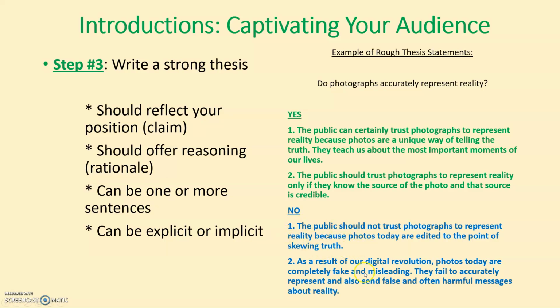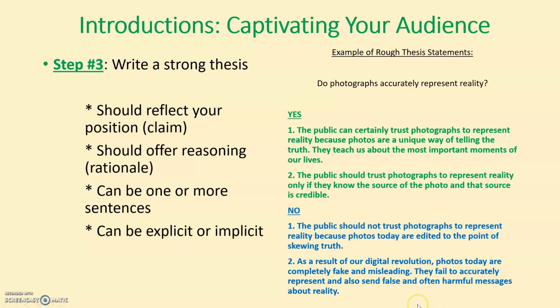Here's my final example. As a result of our digital revolution, photos today are completely fake and misleading. So notice that this is a more advanced thesis. It is a 2-part thesis. It has 2 sentences, but the claim is in 1 sentence, and then my rationale will be in the following sentence. They fail to accurately represent and also send false and often harmful messages about reality.